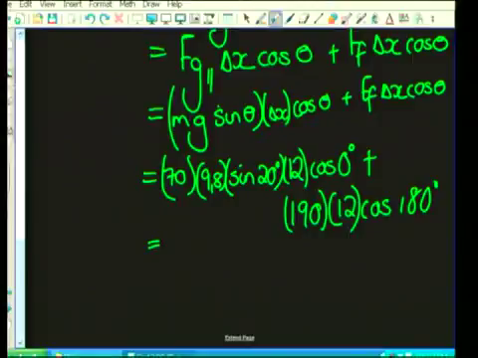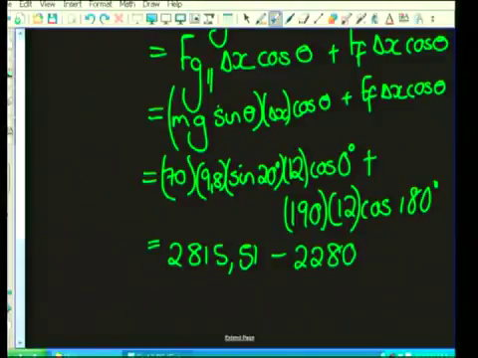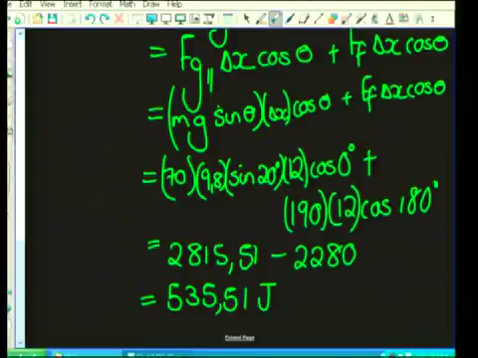Okay, so we put all of this into our calculator and we get 2815,51 minus 2,280. Now, what that gives us is a final answer of 535,51 joules. What does this mean?